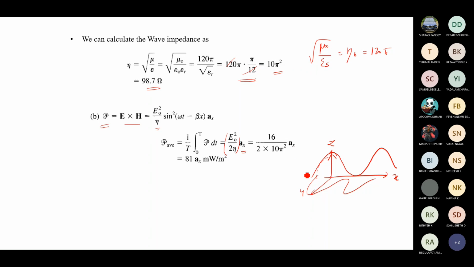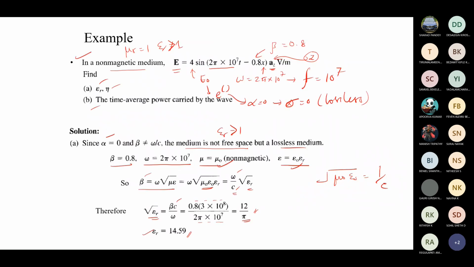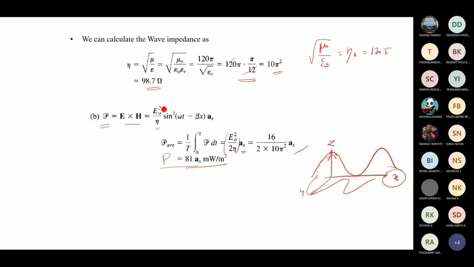And that's supposed to be the magnetic field. When you take that, the same direction, the wave propagation direction is going to be the power direction. So the power is calculated. So what you see here is the Poynting vector. So the time average power can be asked, or calculate the Poynting vector, like that also the questions can be asked.